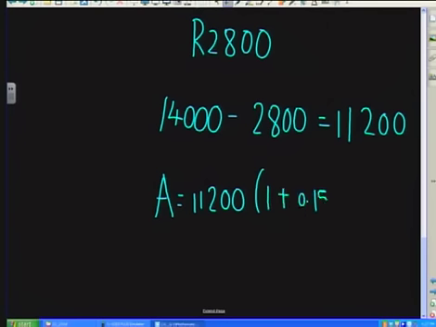Well, it was 15%, which is 0.15. And remember, we times by n, which is 1 year. So it's going to be 11,200 times 1 plus 0.15, which is just going to be 1.15. But again, you don't have to show any of this. You can put that first line straight into your calculator.